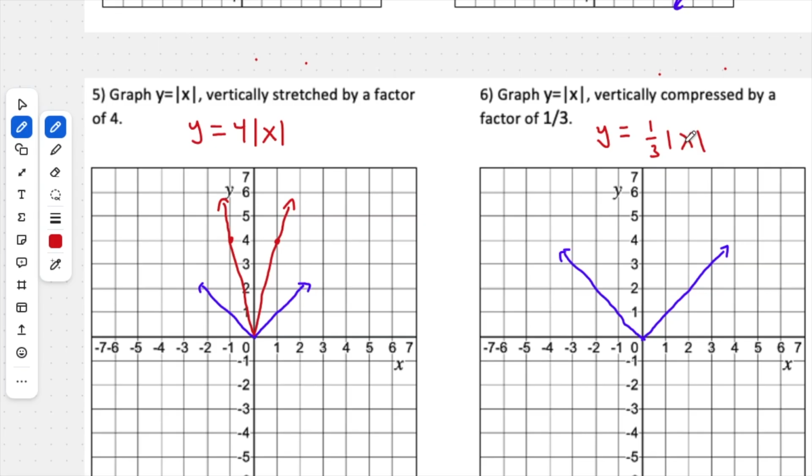But if I put in 3, 1/3 of 3 would be 1, and that's actually really easy to graph. So if you have a fraction like that, I would put in the value of the denominator so that it comes out to a nice, clean, easy number for graphing. You can also think of this as having a slope of 1/3 and then negative 1/3 on this side. Either one of those versions works well.